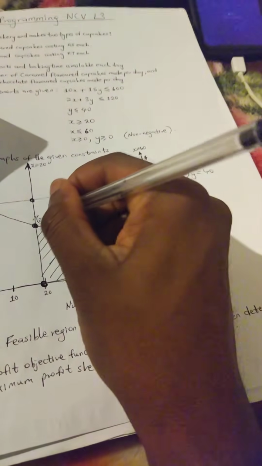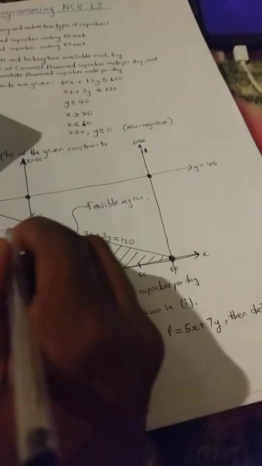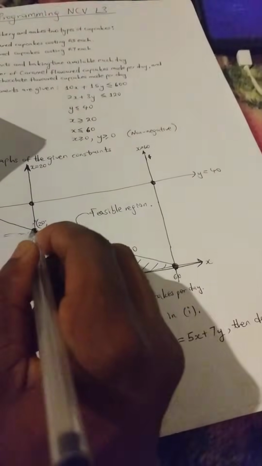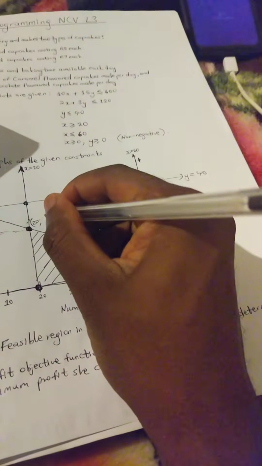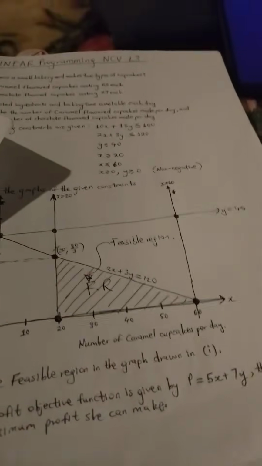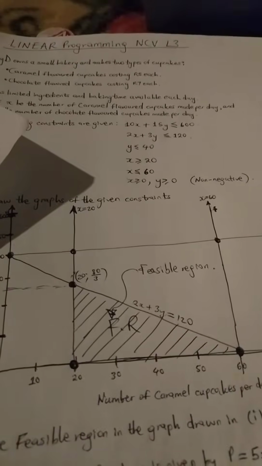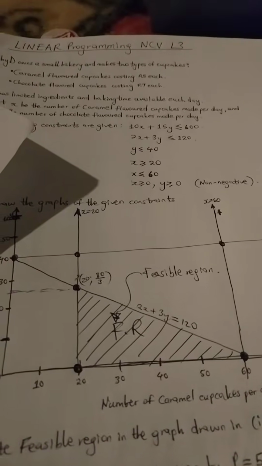Remember this one is what? It's 20 in coordinates. And then the Y value is this, somewhere here. It was 80 over 3. So it's 80 over 3. I don't know how much it is, but if I were to use my calculator here on the phone, let me check my other phone.